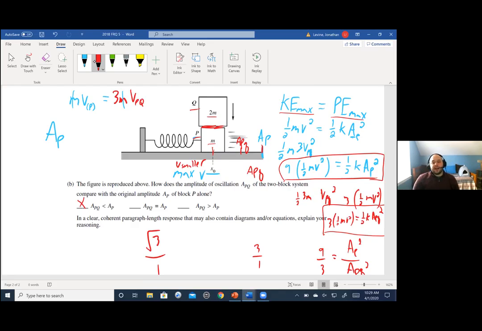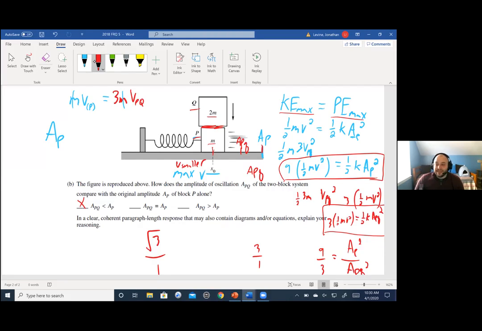What do you have to explain? You have to say, due to the law of conservation of momentum, we know that the speed through the equilibrium will be decreased for the oscillation of blocks P and Q. As a result, this will change the maximum kinetic energy of the system by decreasing it as well, which will then affect the potential energy of the system.